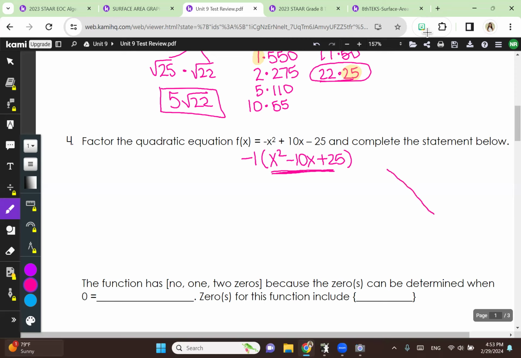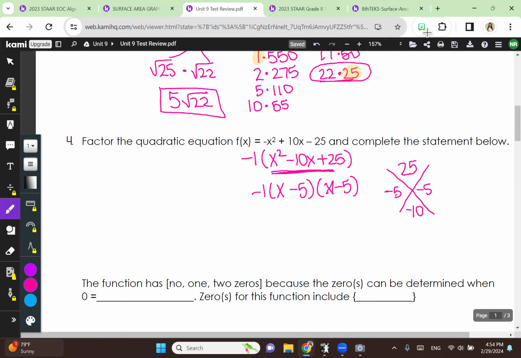We're going to go straight to the diamond. So I'm going to put 25, negative 10. Okay. So for that, the factors are negative 5 times negative 5. That's positive 25, negative 5 plus negative 5, negative 10. And that gives me x minus 5 times x minus 5.